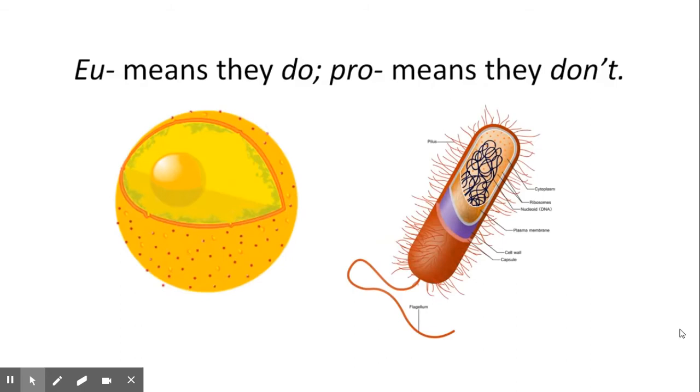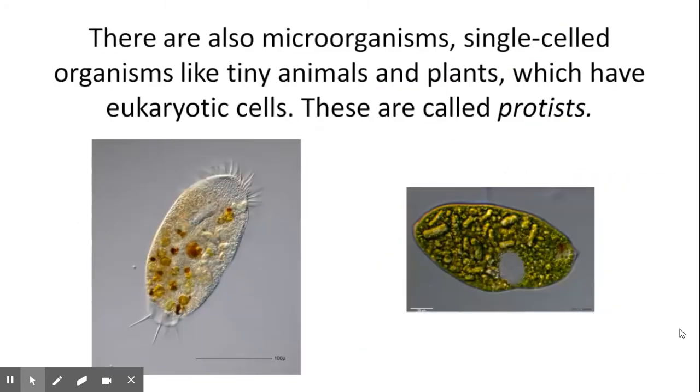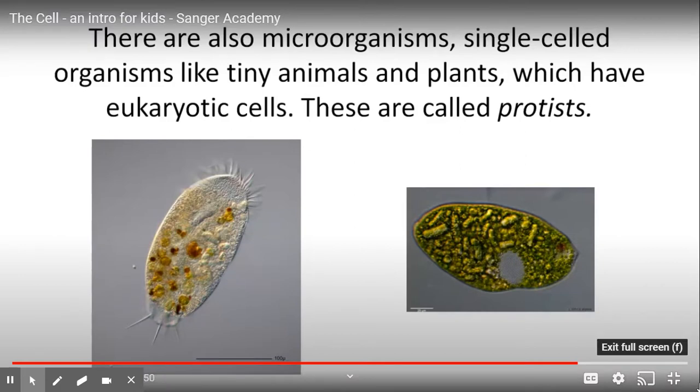Pro means they don't. As I said, humans, other animals, and plants all have eukaryotic cells, cells with nuclei. Nuclei is the plural of nucleus. There are also microorganisms, single-celled organisms, like tiny animals and plants, which have eukaryotic cells. These are called protists.